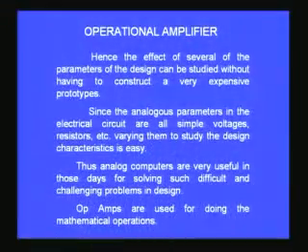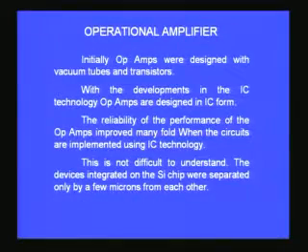So this was the impetus for designing things like operational amplifiers in those days. And it will be interesting to know that in those days the operational amplifiers were designed with vacuum tubes and transistors even. But with the development of the integrated circuit technology, nowadays all the op amps are in the IC form.